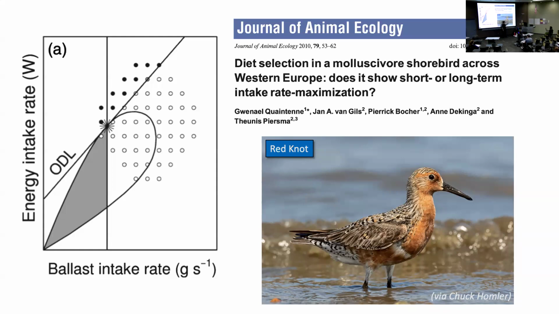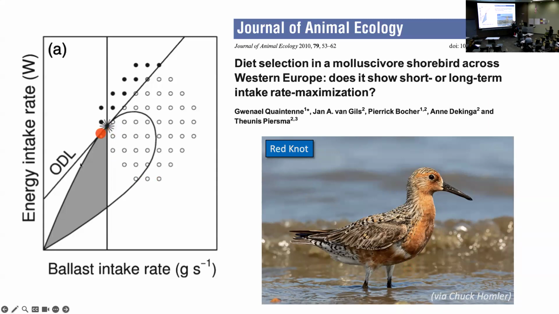There is a constraint that has to do with how quickly you can expel stuff from that gizzard, and you can map that to this ballast intake rate, this axis here, grams per second. You can say for this bird, this is the maximum amount of shells the bird can take on. That's it. If it takes on more than that, its gizzard is just not going to work.